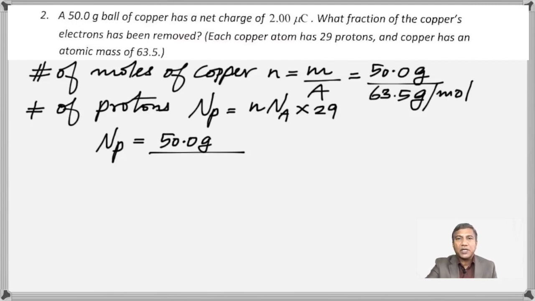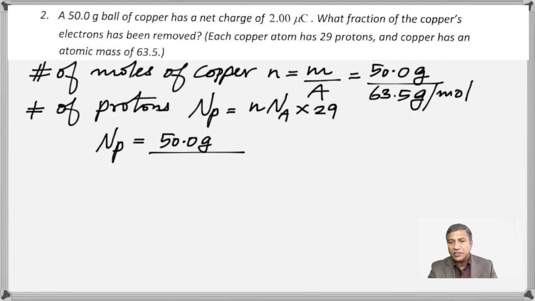So N sub A is the Avogadro number, and little n is the number of moles, and then you've got to multiply by 29 because each copper atom has 29 protons.